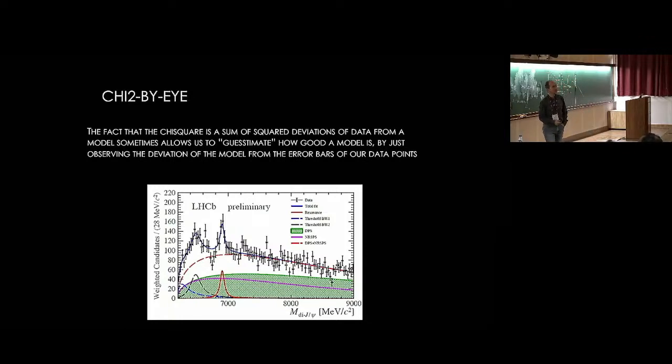But you have to be careful, and that's something that we will look at tomorrow, that you can only do it if the data are uncorrelated. We will get to the point tomorrow of seeing what happens with correlated uncertainties when you cannot do all these kinds of things by eye.